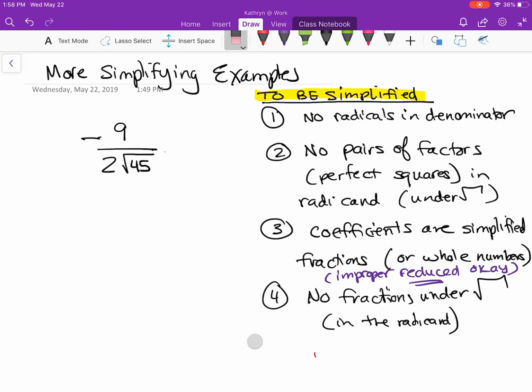All right, so let's deal with the example here, -9 divided by 2 times the square root of 45. I could either address the radicals in the denominator, or I could address the pairs of factors that are perfect squares first. I think I'm going to deal with number 2 first.